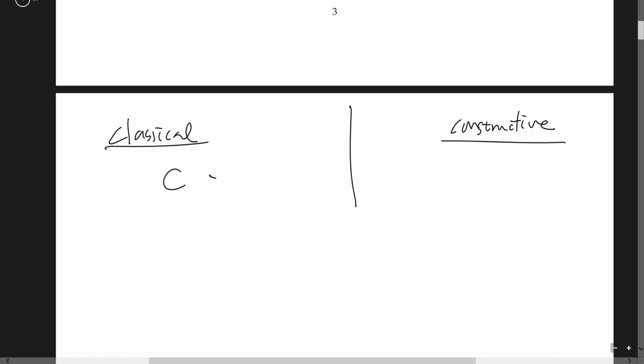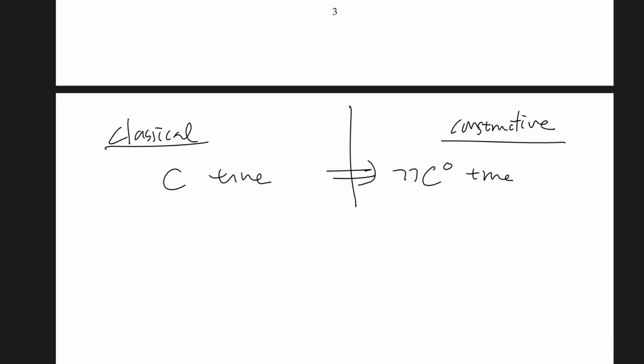If C is true in classical logic, I'm going to show that double negation C circle is true in constructive logic. And in order to prove this statement, we have to generalize the statement.